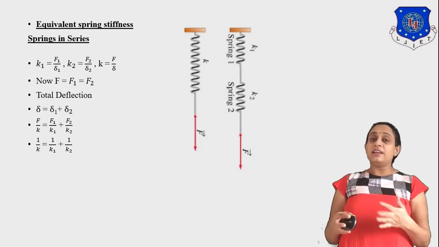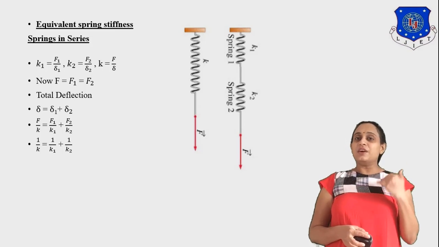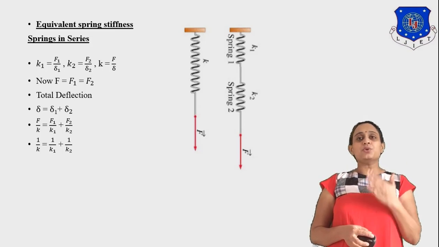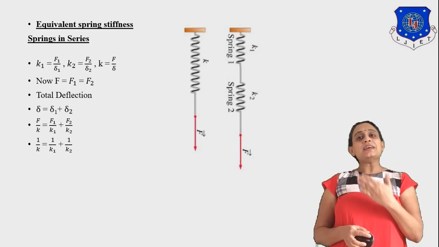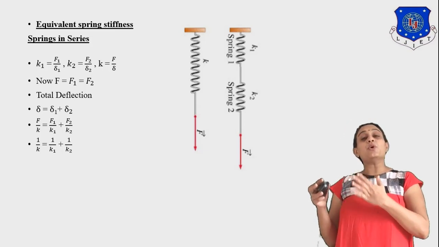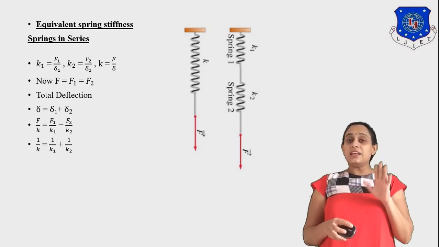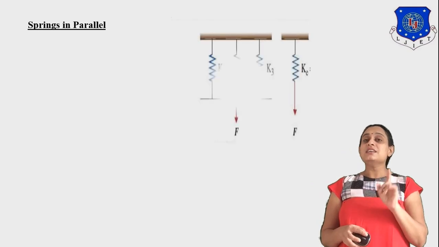If we are adding many springs in series, what should the equation be? 1 upon K equivalent is equal to 1 upon K1 plus 1 upon K2 plus 1 upon K3 plus up to 1 upon Kn. Clear? So this is the equation when the springs are attached in series.